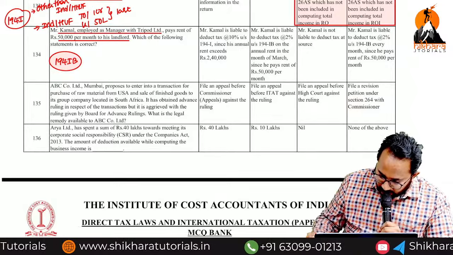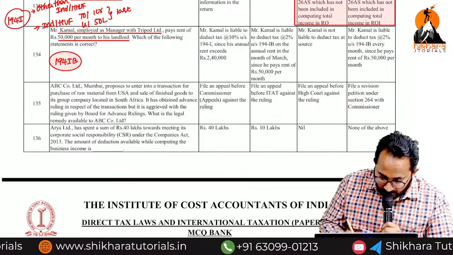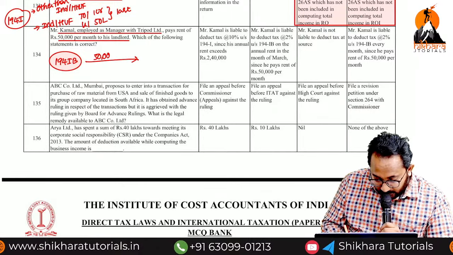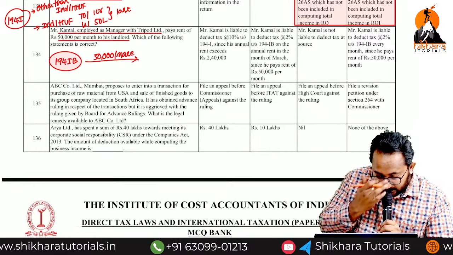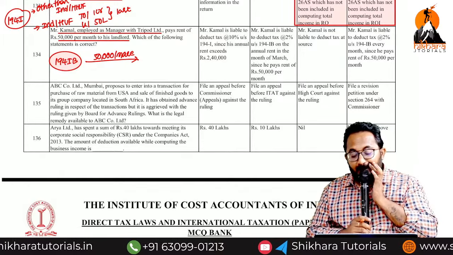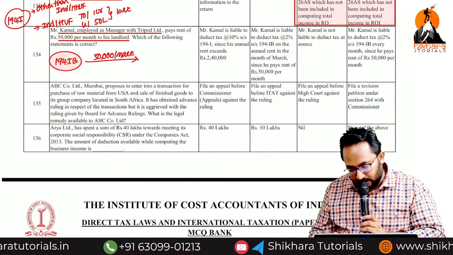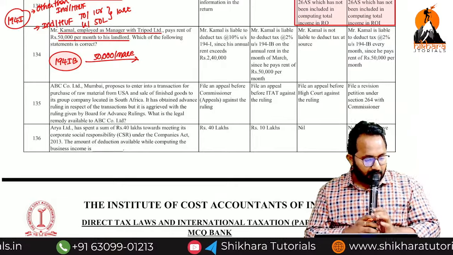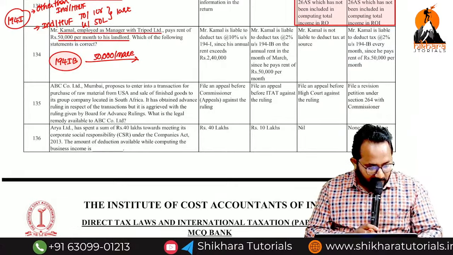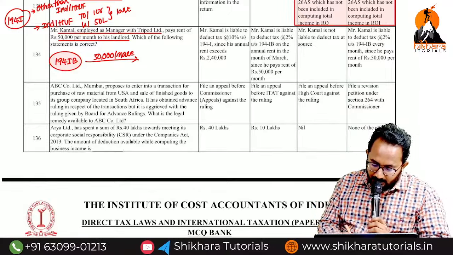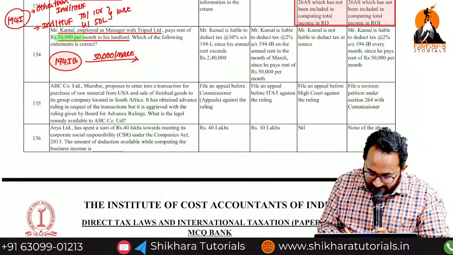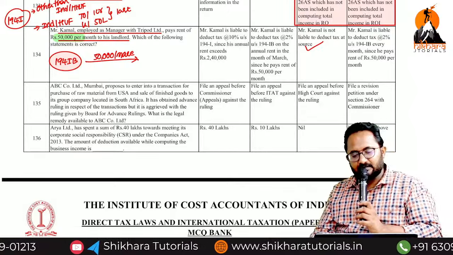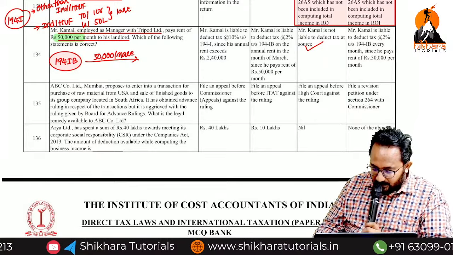So for him 194IB is there. If he pays rent of 50,000 or more per month, then we can deduct the TDS. But here he is paying just 50,000, which is not exceeding the threshold limit. So there is no requirement to deduct the TDS.